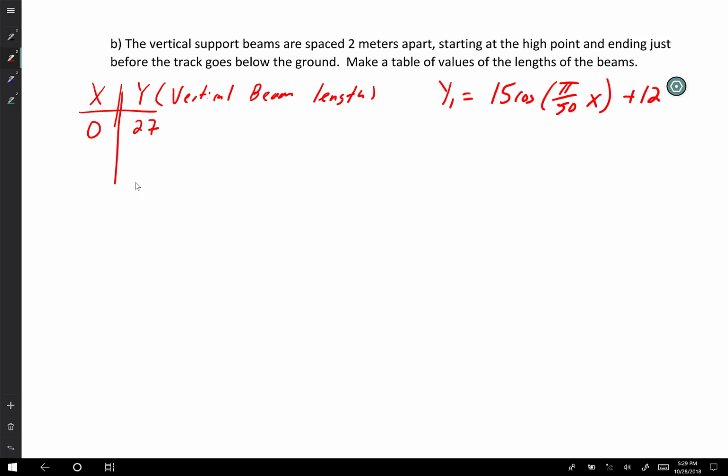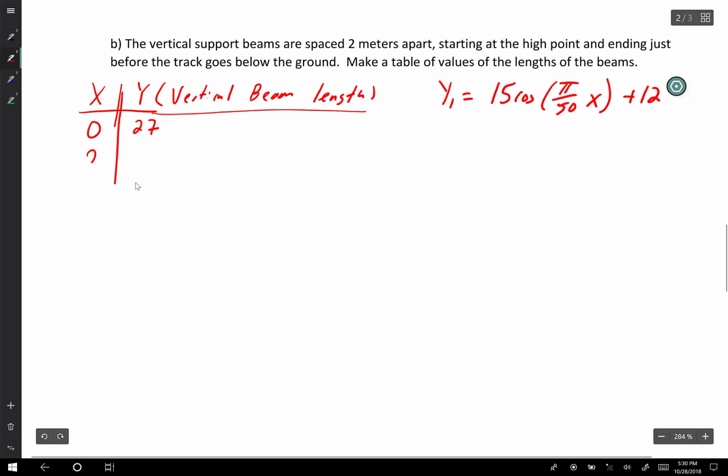All right, I'm going to type in 15 cosine pi over 50 x, close, plus 12. And then I'm going to go to this table. So table, at 0, I'm 27. Good. It's supposed to be that, guys, at 0.